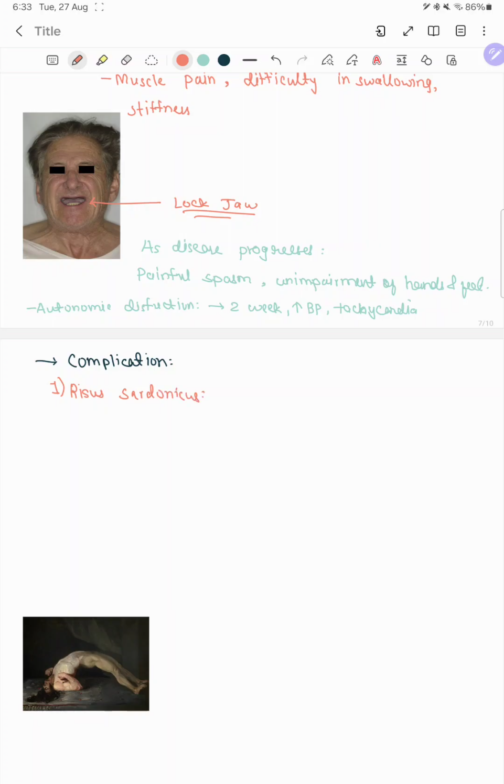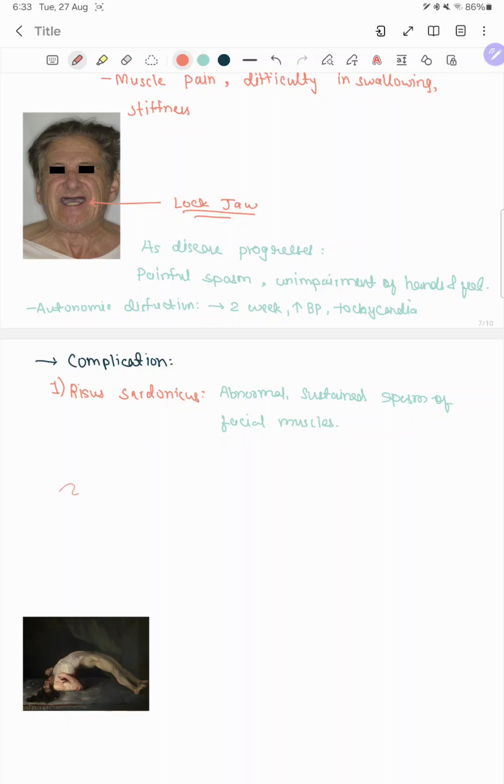So what is Risus sardonicus? It is abnormal sustained spasm of the facial muscles.